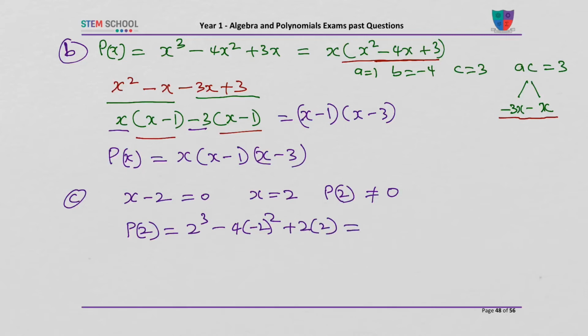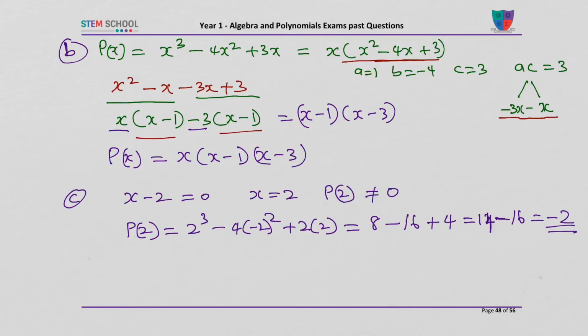And that equals 8 minus 4 times 4, which is minus 16, plus 3 times 2, which is 6. That gives 14 minus 16, which equals minus 2.